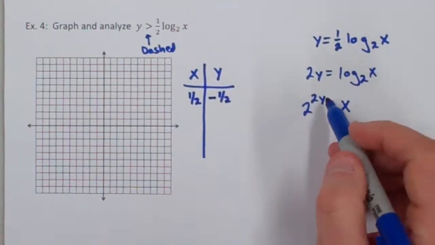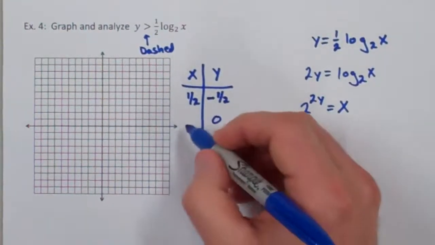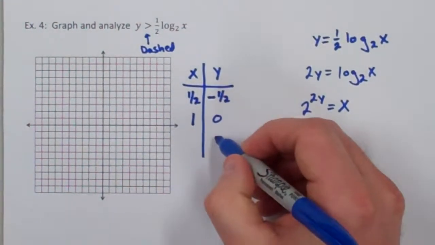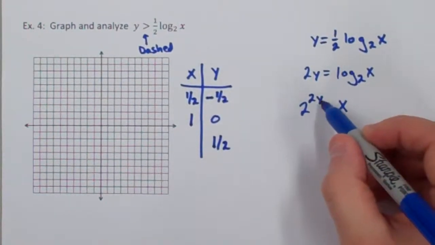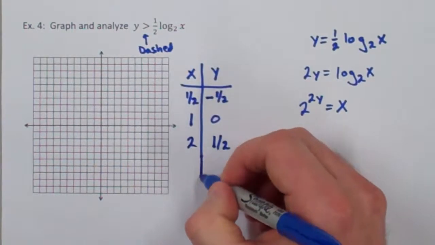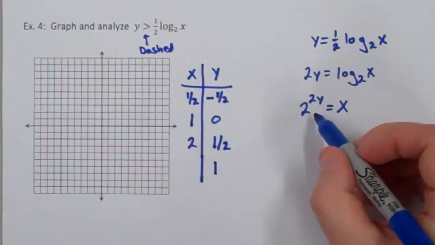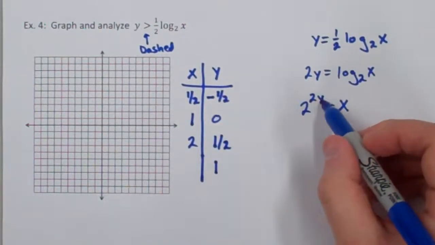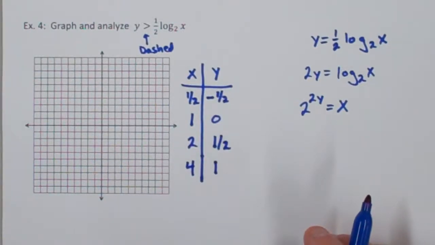We could choose another value. How about 0? So 2 times 0 is 0. 2 to the 0 power is 1. Pick another value, maybe 1/2. 2 times 1/2 is 1. 2 to the first is 2. And we could continue on with this. We could go with 1 for the next one, and that would be 2 squared. 2 times 1 is 2, so 2 squared would be 4, and we could keep going and on and on.